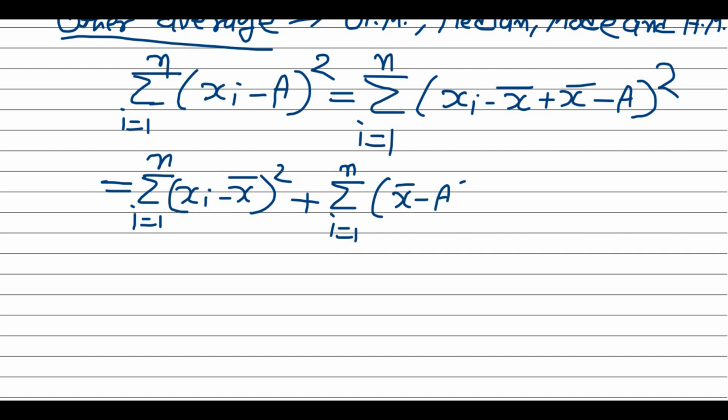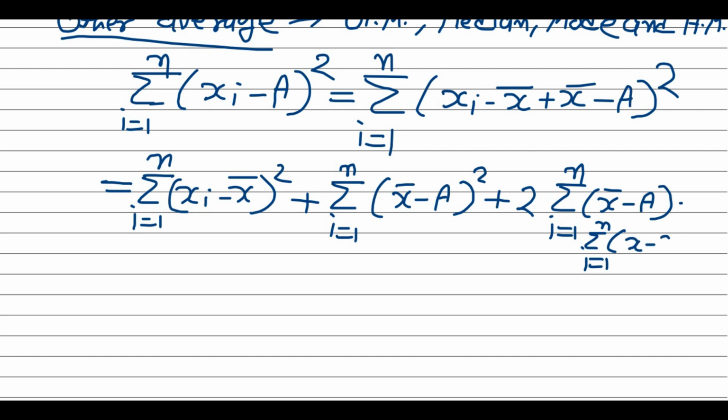So, and that would be square plus 2, plus 2 summation over i = 1 to n (x bar minus a), and the second term is summation over i = 1 to n (x minus x bar).